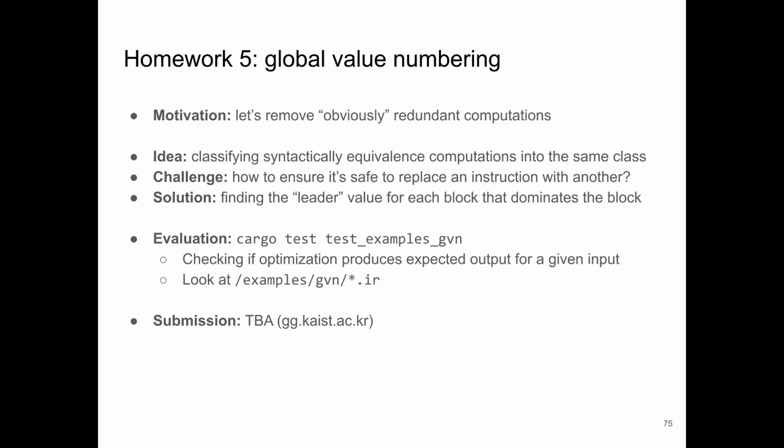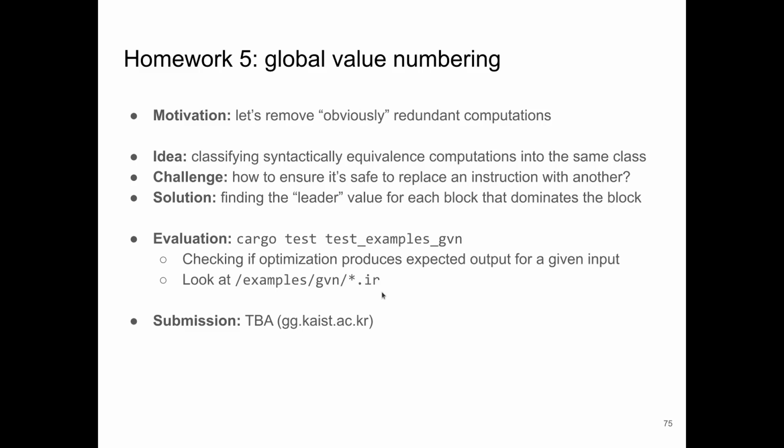Okay, this is the high-level description of the algorithm, and we are going to look at the details one by one. But before that, I would like you to read the KCC compiler's repository, and you can test your implementation of GVN by running cargo test examples GVN. Then it will execute your GVN optimization on the given input-output files and check whether your optimization produces the expected output. Look at the examples here.